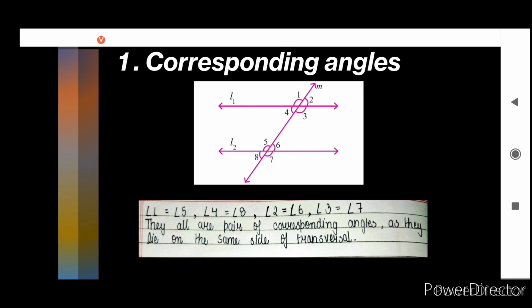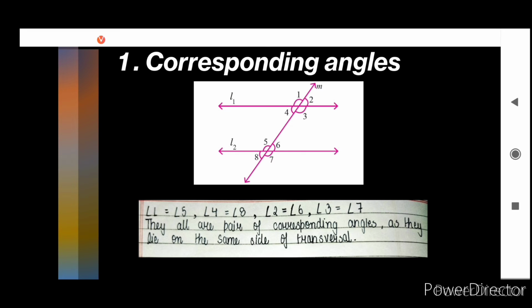Okay, let's move to our next topic, corresponding angles. So what are corresponding angles? Angles which are formed at corresponding positions, corresponding meaning above or below or left or right to the angle, on the same side of the transversal, they are called corresponding angles.